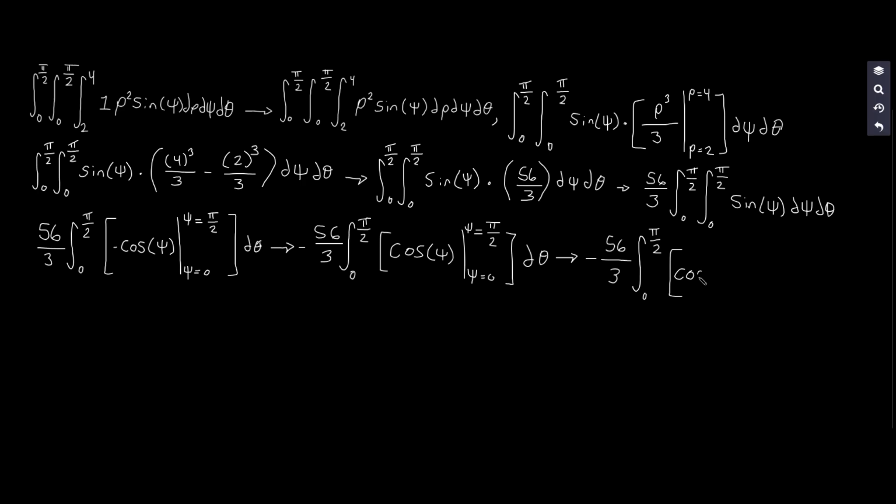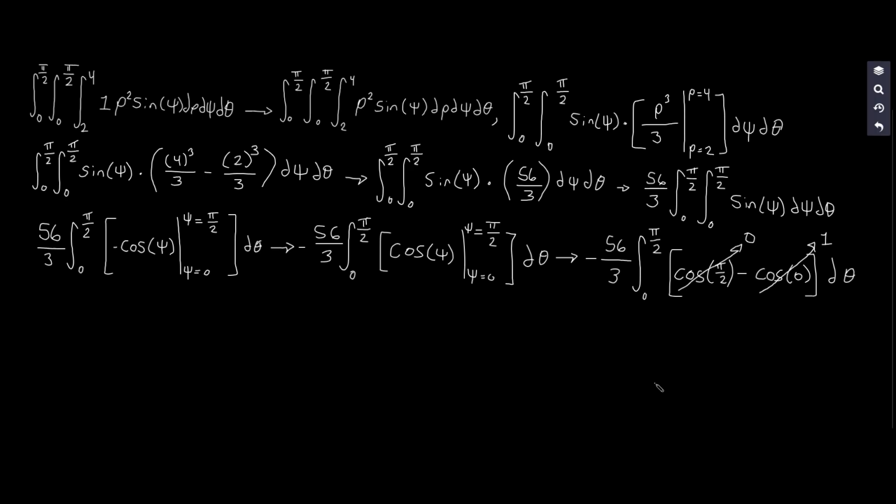That is cosine of pi over 2 minus cosine of 0, integration with respect to theta. Now these are special angles, and well, cosine of pi over 2, it's just going to go to 0, but cosine of 0, well, that's going to be 1.